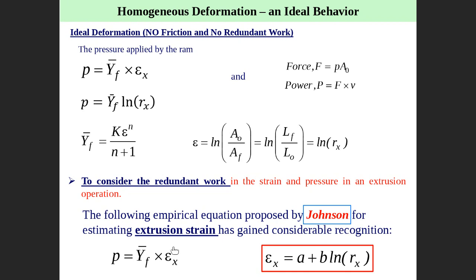He said that epsilon x is not simply ln Rx, but in the case of extrusion with non-homogeneous deformation, epsilon x equal to a plus b ln Rx. He called this the extrusion strain, equal to a plus b ln Rx. Ln Rx is the true strain. A and b are constants.